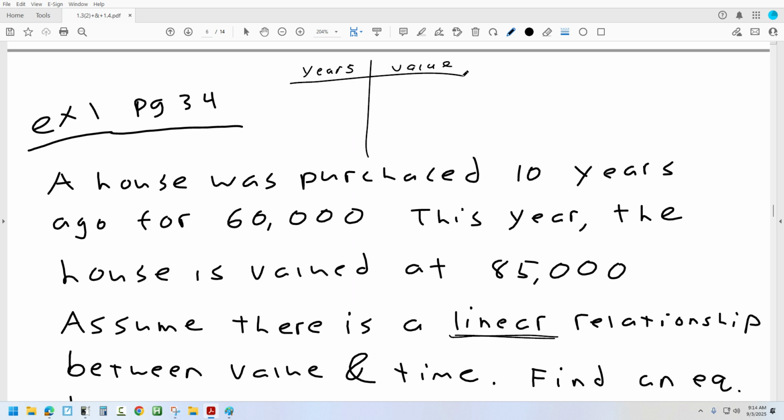What was the value of the house? We'll call it the starting value of the house. 60,000. And how many years had gone by at the start?